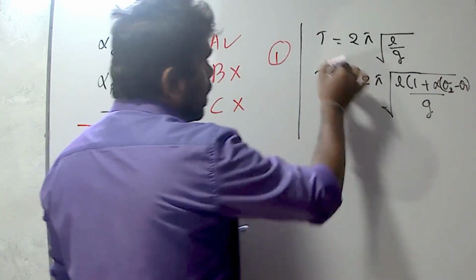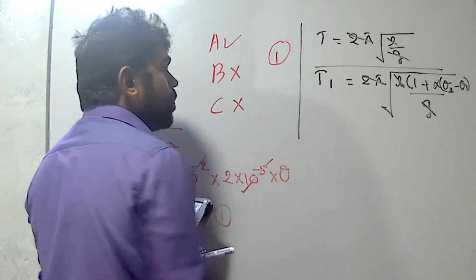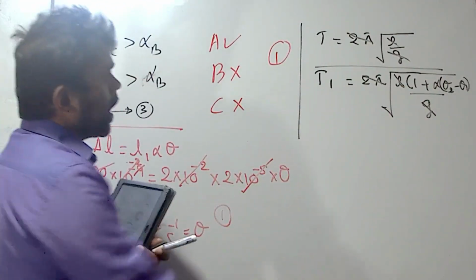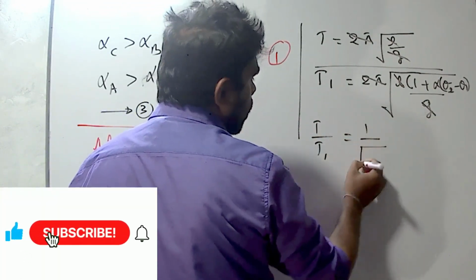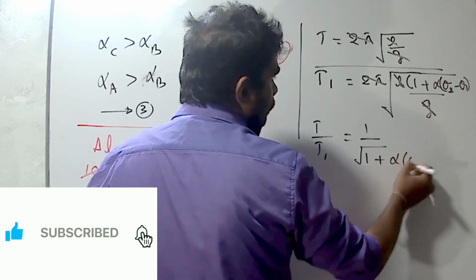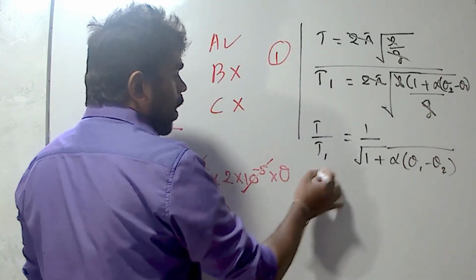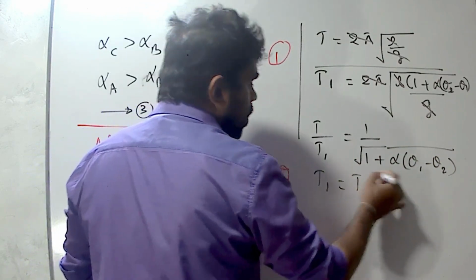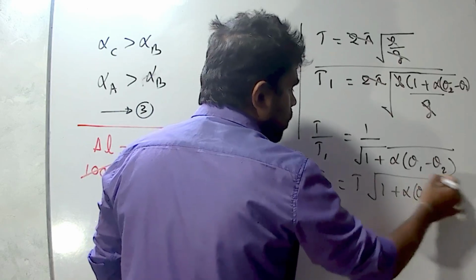Then we can divide the two equations. We can cancel out L, g and 2 pi. Then we get T1 divided by T2 equals 1 over root of 1 plus alpha times theta 2 minus theta 1. Then T2 equals T1 times root of 1 plus alpha times theta 2 minus theta 1.